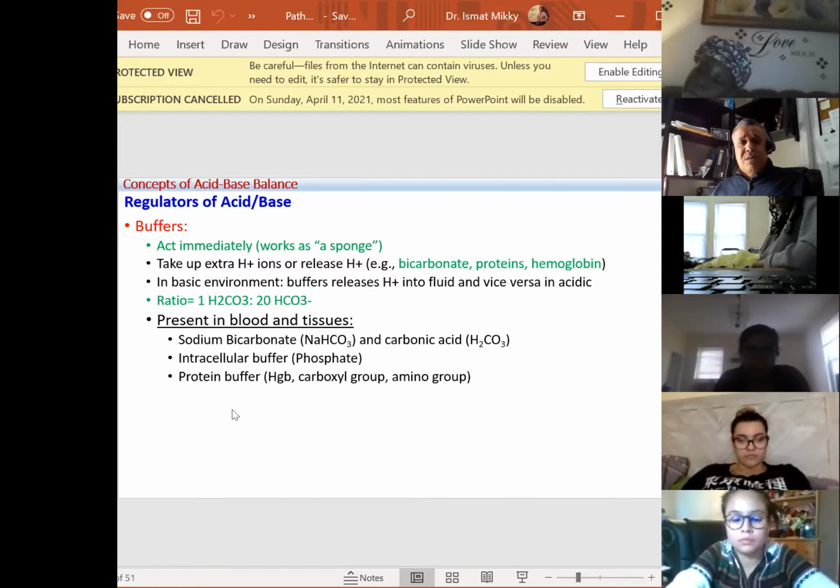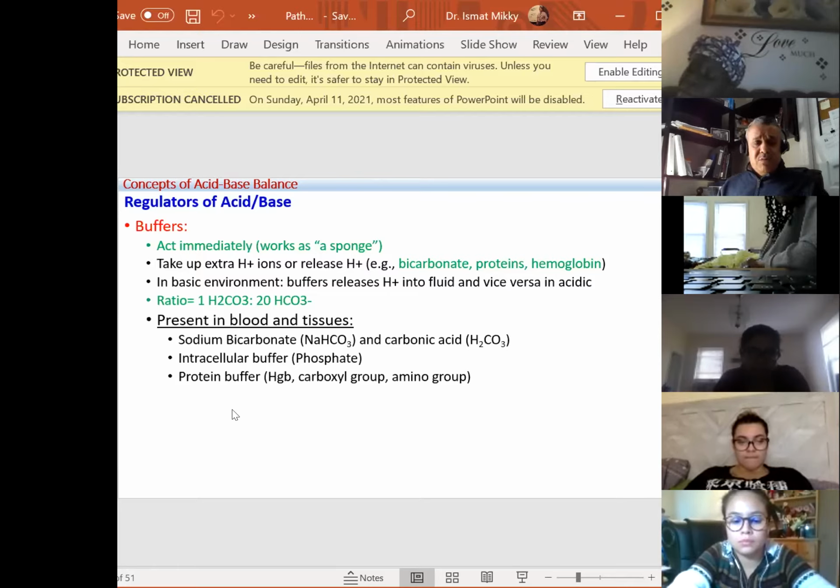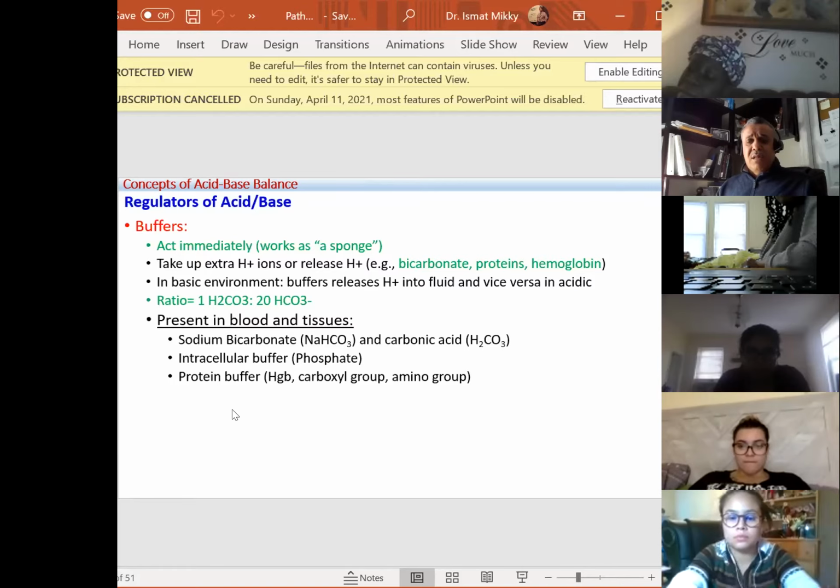And you know where each one is located, right? Radial, the wrist; brachial, the upper arm, above the AC joint; and the femoral, the groin. From now on, when we refer to the pH, it will be the arterial blood gases.